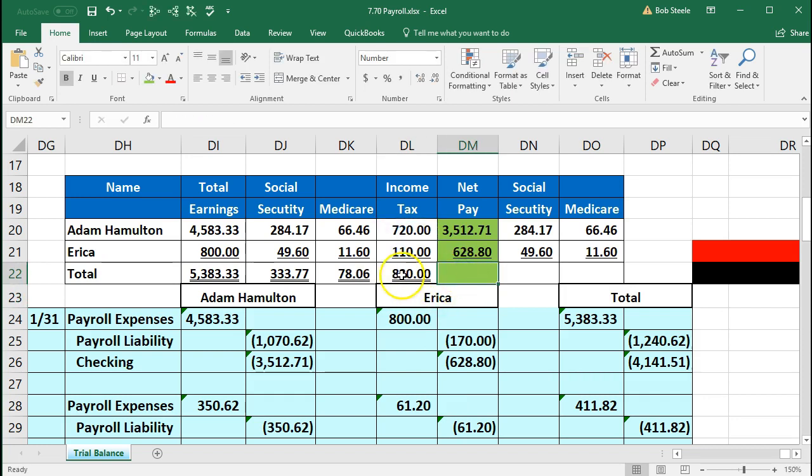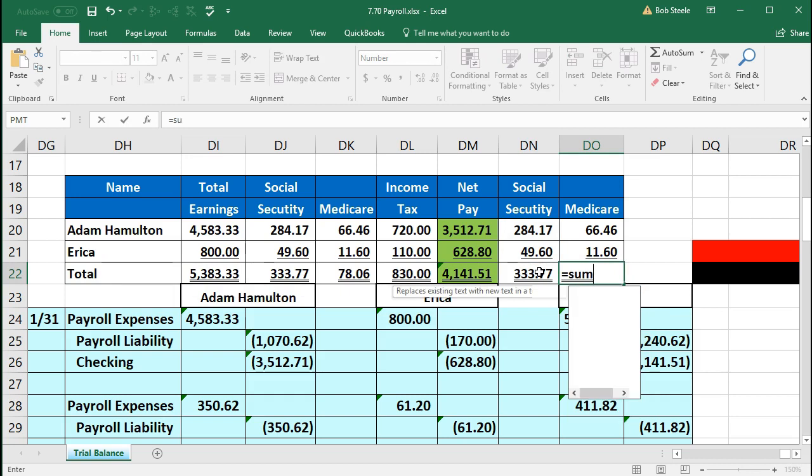That means the net check is either going to be this, or we can do the same calculation, the total check minus the Social Security minus the Medicare minus the income tax. So that's going to be the same number, or this plus this is the same number. And then the Social Security that we're going to pay, we're going to have to match, and the Medicare that we're going to have to match.